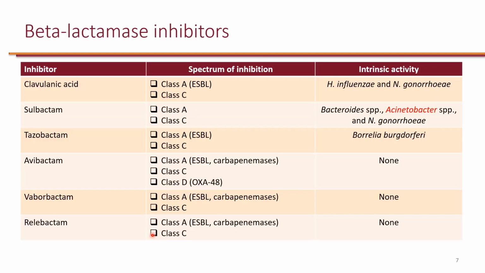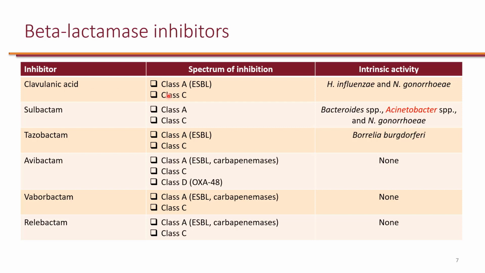Now, over the years, we have developed many beta-lactamase inhibitors that can be bundled with beta-lactams in order to prevent beta-lactamases from breaking them down. Clavulanic acid can inhibit class A, including ESBL, but not carbapenemases.